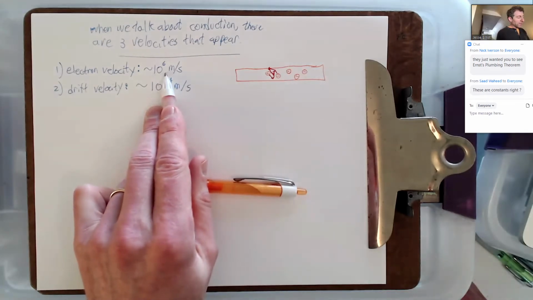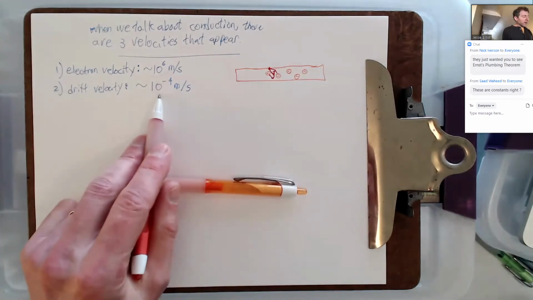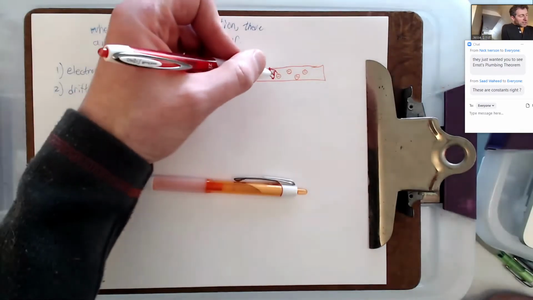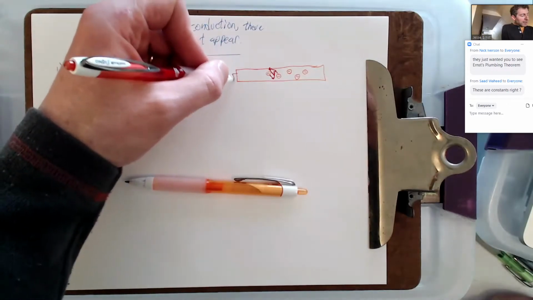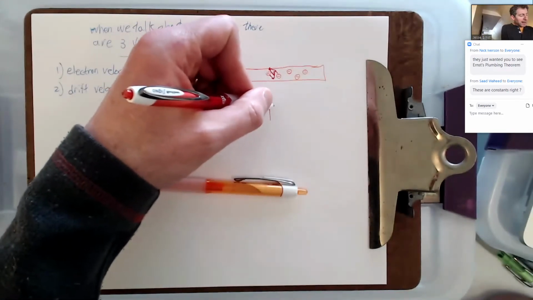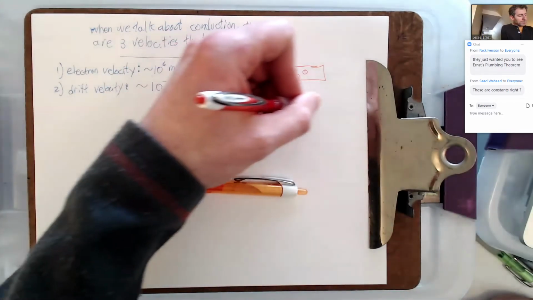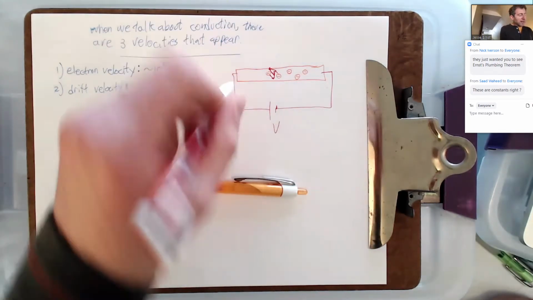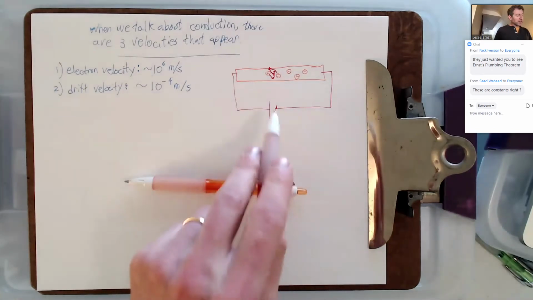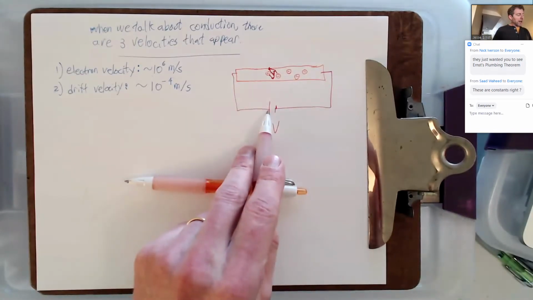So extremely fast. The drift velocity is, it's zigzagging all back and forth, but in general, and here I'm assuming I put a voltage across this conductor, and now I've got to be careful because we're using electrons. So this is the negative side, this is the positive side.